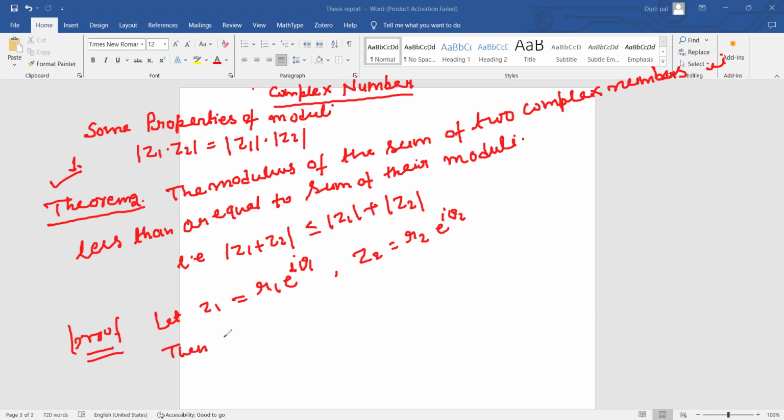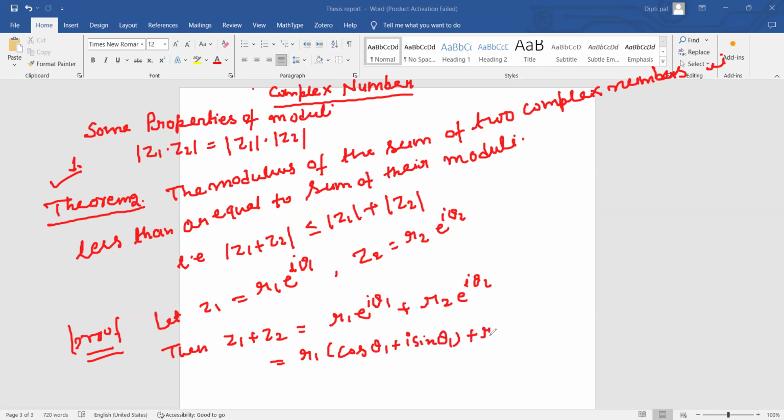Then Z1 plus Z2 will be R1 e to the power I theta 1 plus R2 e to the power I theta 2. We can write it like that: R1 (cos theta 1 plus I sin theta 1) plus R2 (cos theta 2 plus I sin theta 2).